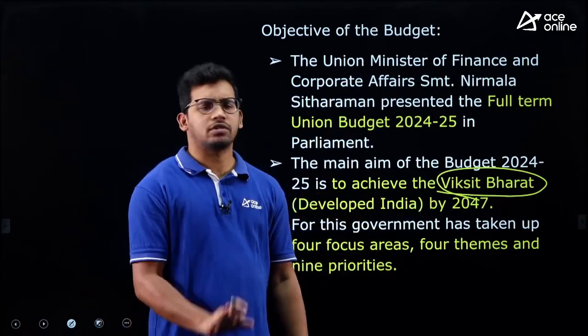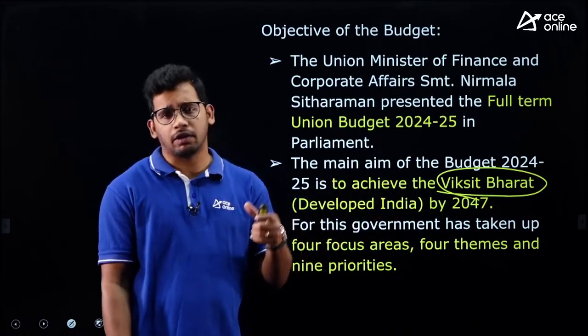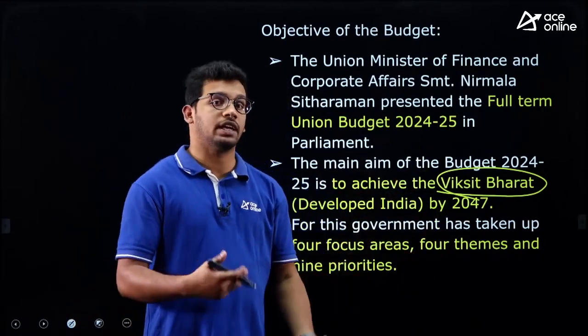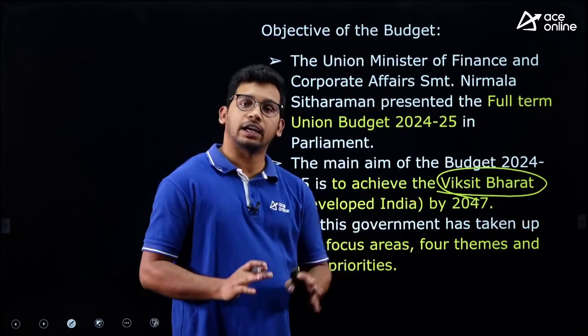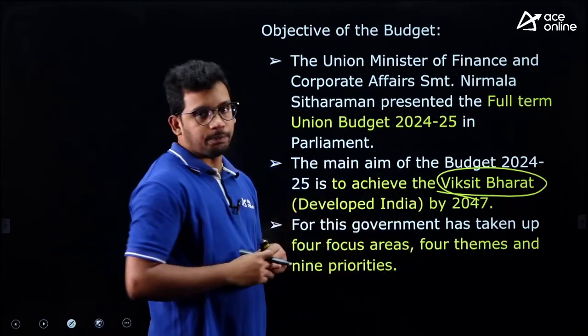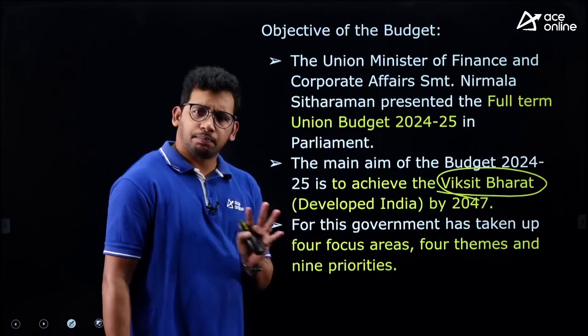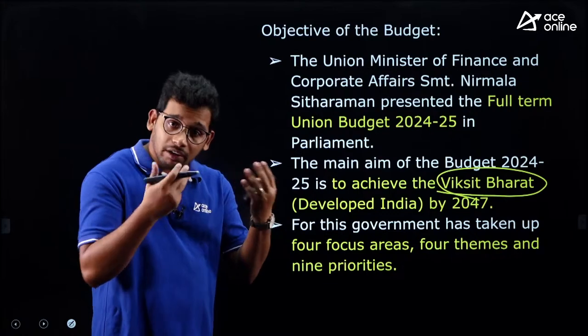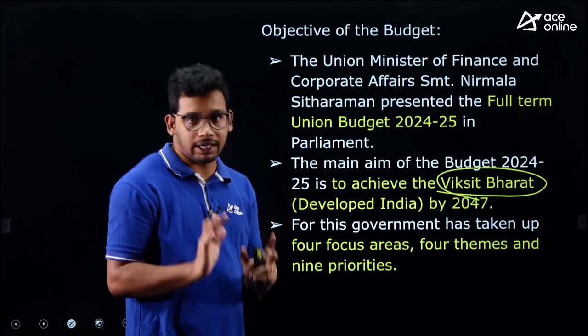Next year also, of course, the same theme will remain because the developed status is targeted for 2047. So in the coming years also the target will be to make India a developed nation. That is the objective. Now the government has set the target, but how can it achieve it?